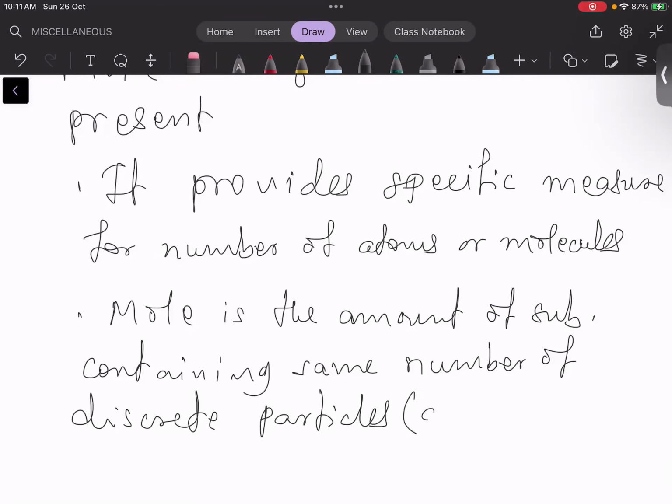Of course, that particle may be atoms, molecules, or ions, etc., etc.